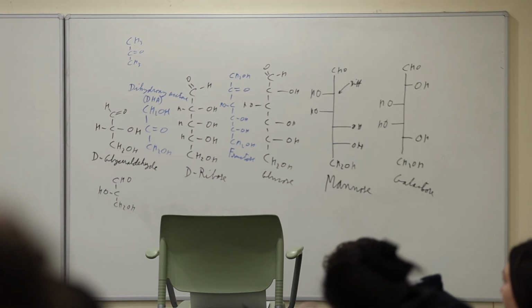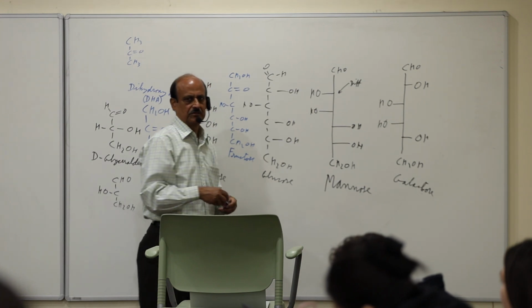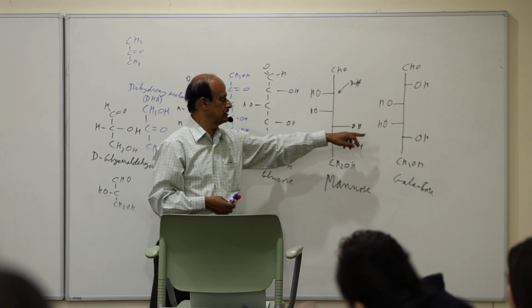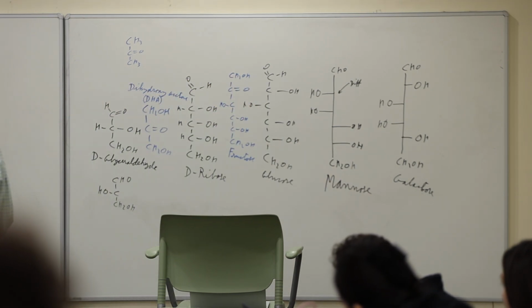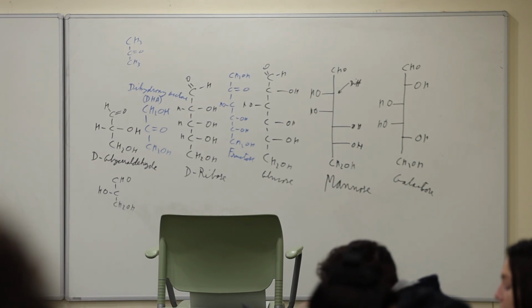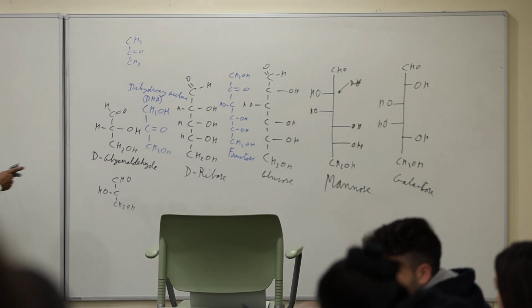Fructose will be the corresponding keto group at position 2. Mannose and galactose are present in very small amounts in different places. They differ at C2, and galactose at C4. Alright, so I'm going to erase this and keep just the glucose.